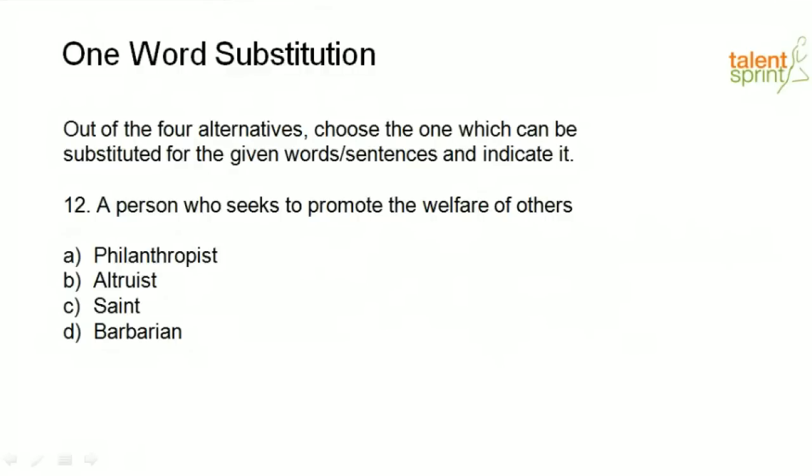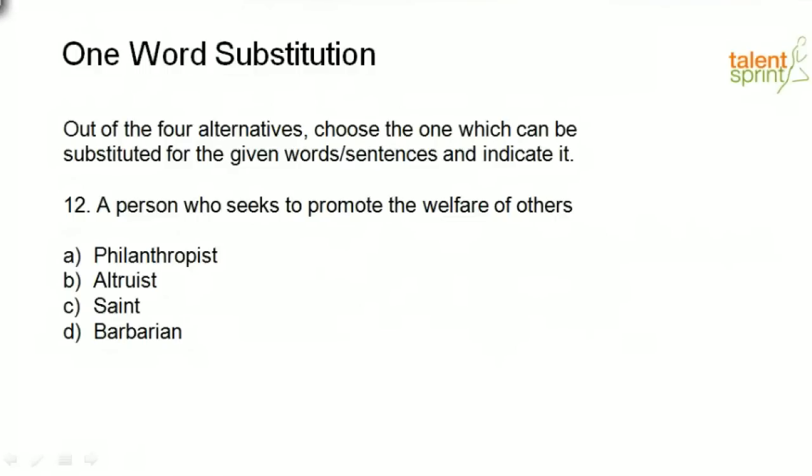So our options are option A, philanthropist, option B, altruist, option C, saint, and option D, barbarian. Philanthropist, altruist, saint, and barbarian. So I'm sure out of these options you know saint and barbarian, right?